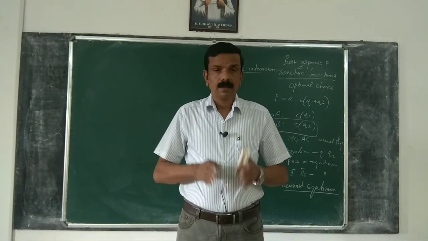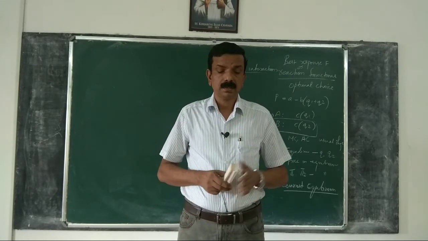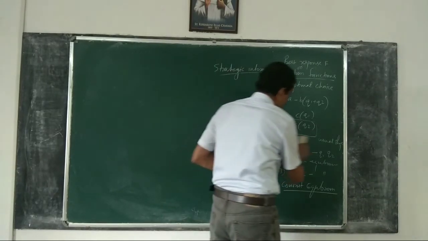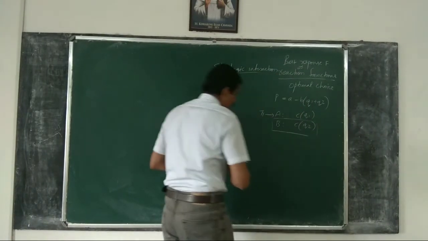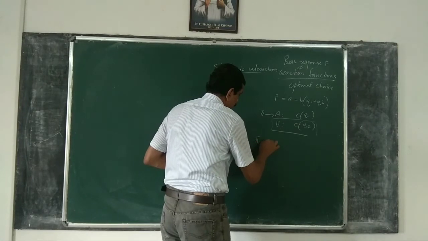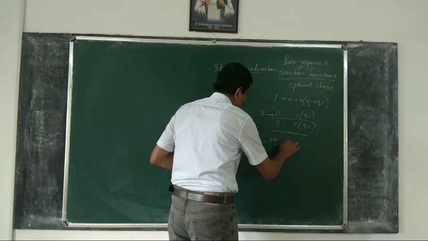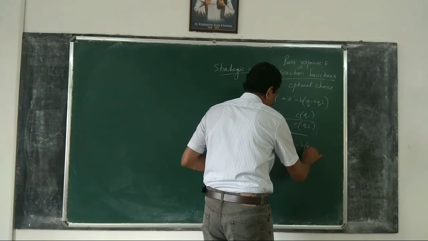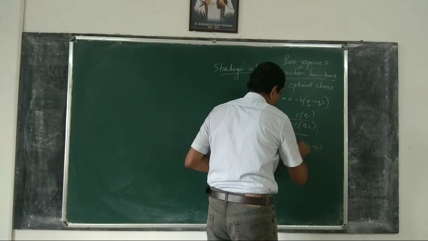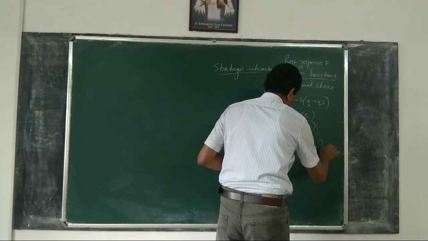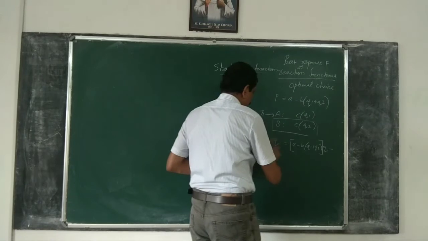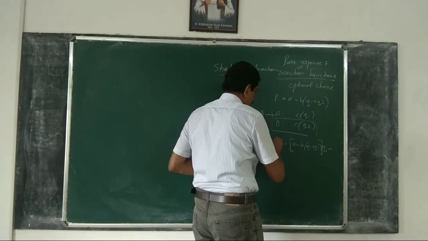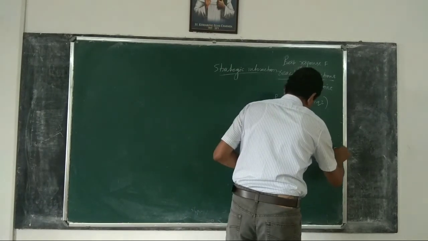Now, let us summarize the profit functions of A and B like this. Pi 1 is equal to P into Q1 minus C1, where P is A minus B into (Q1 plus Q2), so Pi 1 is equal to (A minus B(Q1 plus Q2)) into Q1 minus C Q1.